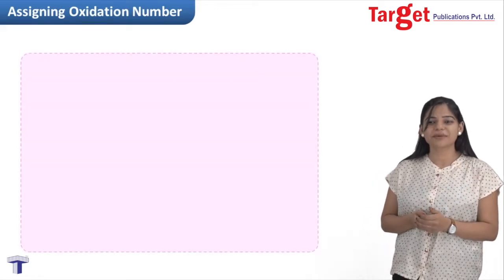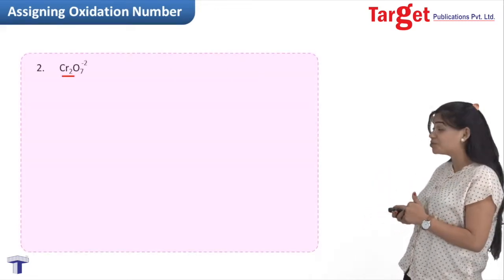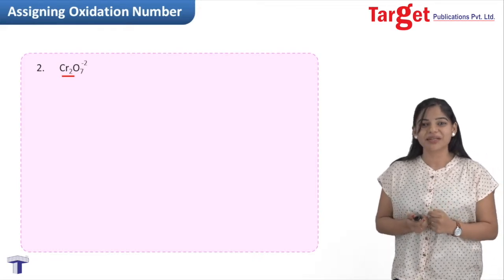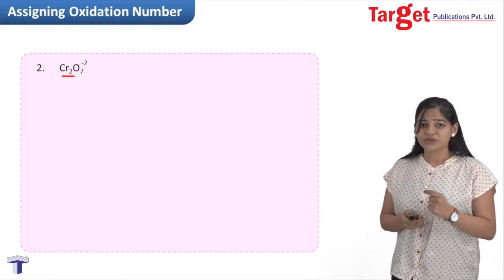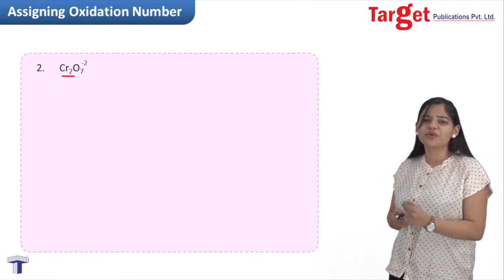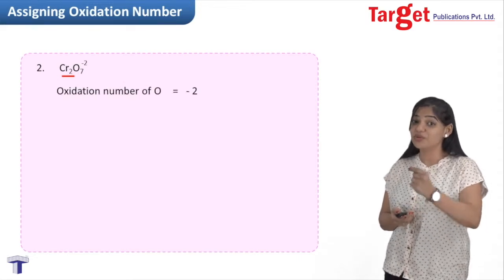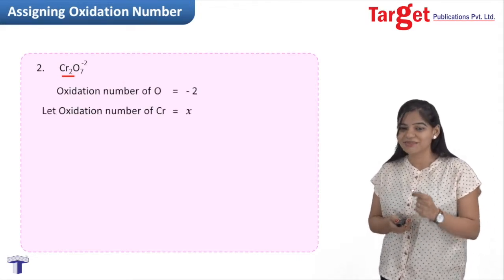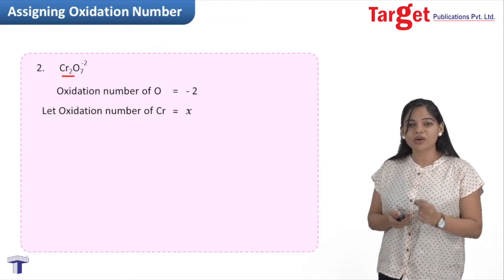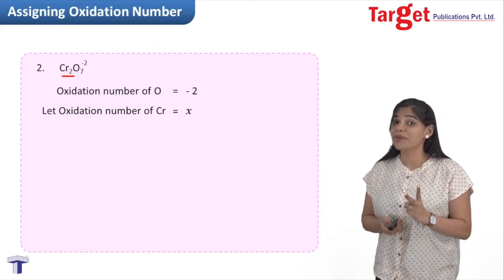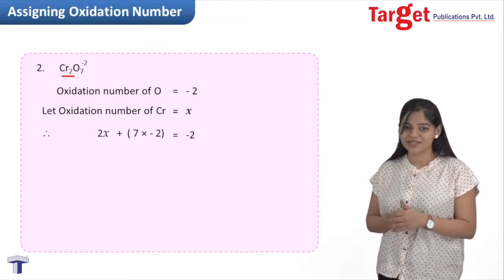Moving to our next example, that is Cr2O7 2-, and here the underlying element is chromium. So let the oxidation number of chromium be X, and we know the oxidation number of oxygen is -2. Since there are 2 chromium atoms, we take 2X.